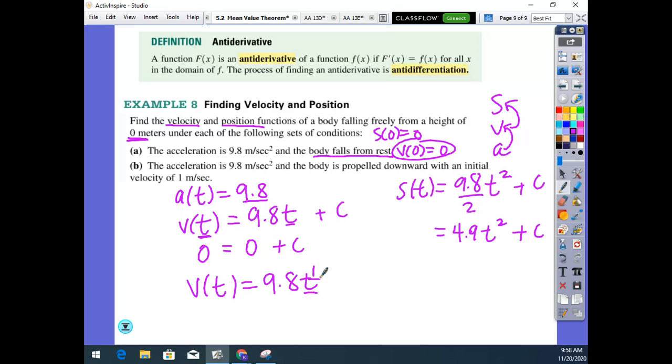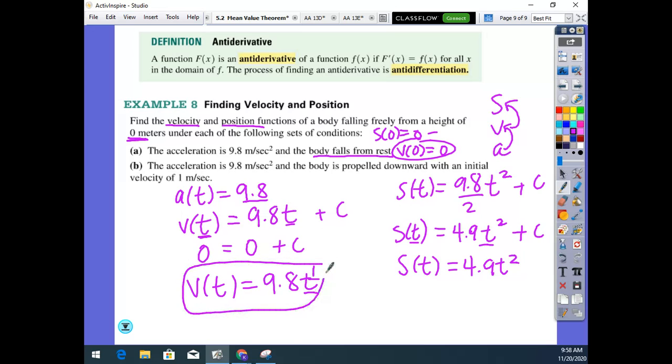We're just going backwards. All right, since my position is 0, 0, that means my constant is also 0 for this equation. So here's my velocity function. Here's my position function.